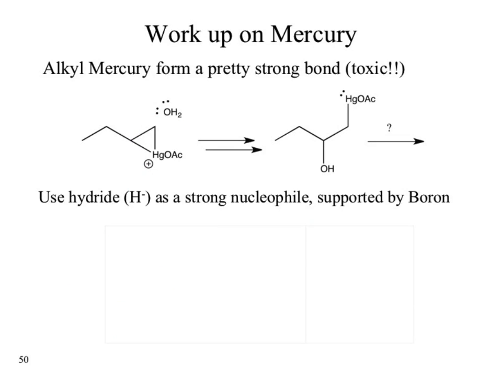So when we look at our mercury reagent, we're trying to get rid of that mercury. It needs to take those electrons away. That's where we're supplying H minus. H minus is not a stable reagent. We need something to temporarily stabilize that. That's where the boron comes in. The boron can coordinate with the mercury.